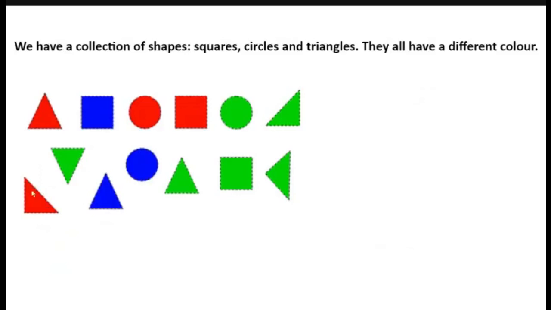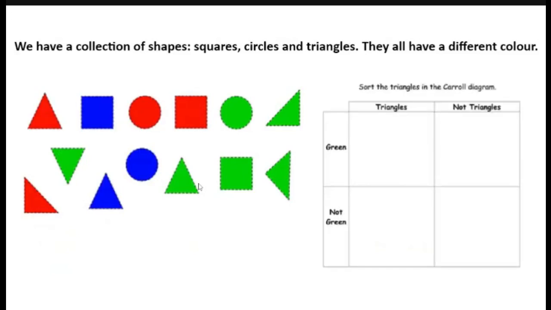We have a collection of shapes. We have some different shapes here in different colors. We have squares. We have different circles. We have different triangles. So let's sort them on the Carroll diagram.